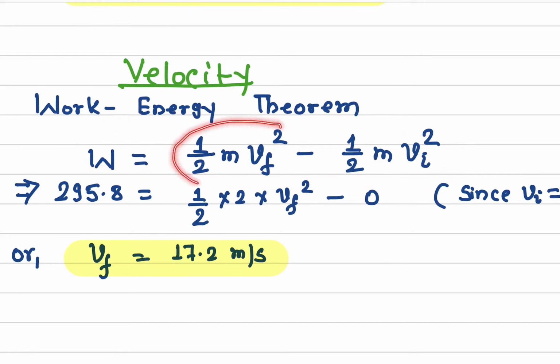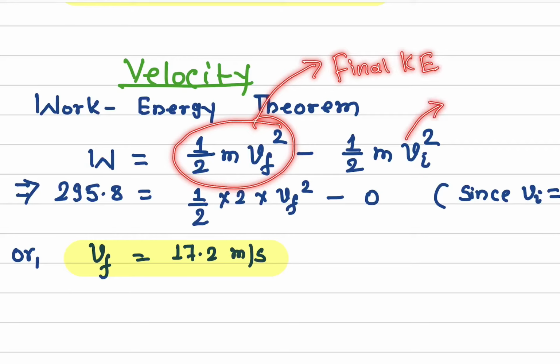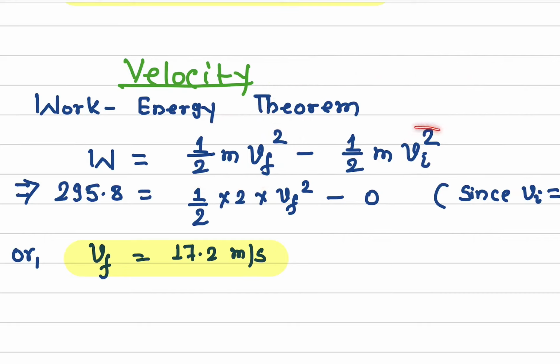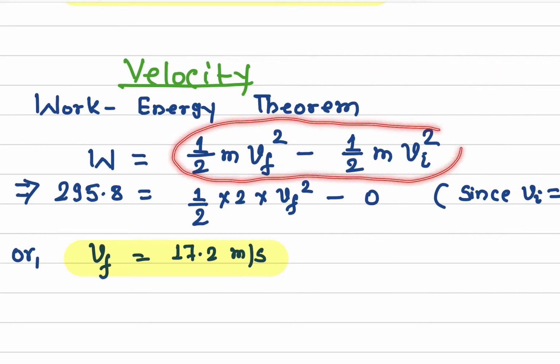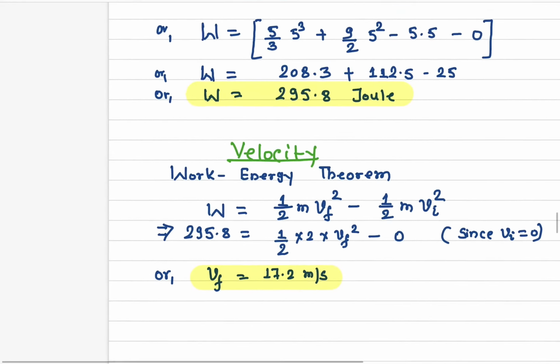The first term is the final kinetic energy. Remember, KE stands for kinetic energy, and this is the initial kinetic energy. Again, this is the formula for the kinetic energy. So the change in kinetic energy is equal to the amount of work done.